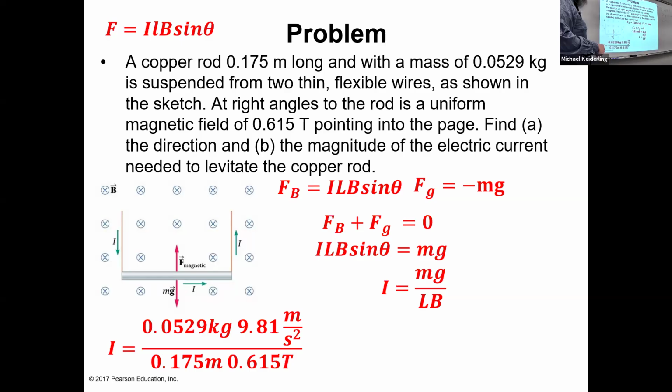So 0.0529 kilograms times 9.81 meters per second squared divided by 1.75 meters times 0.615 Tesla. That's 4.82 amps. You need to run 4.82 amps of current through this rod to levitate it in that magnetic field.